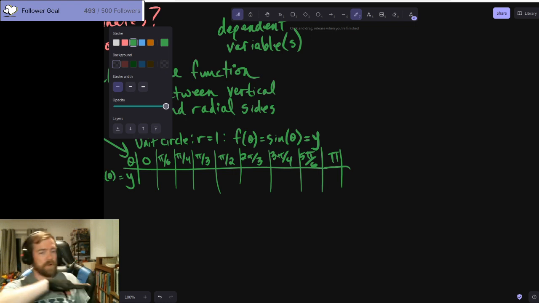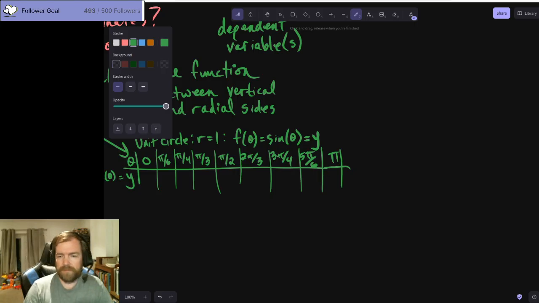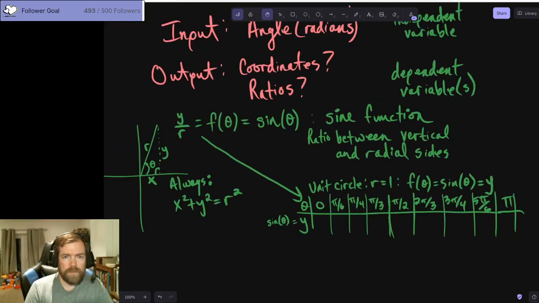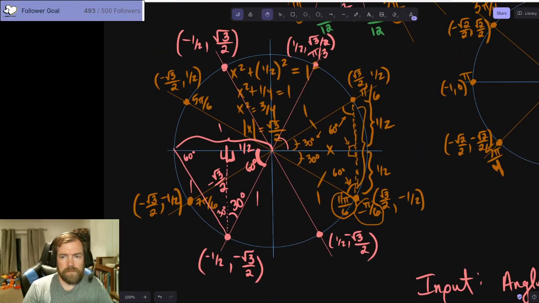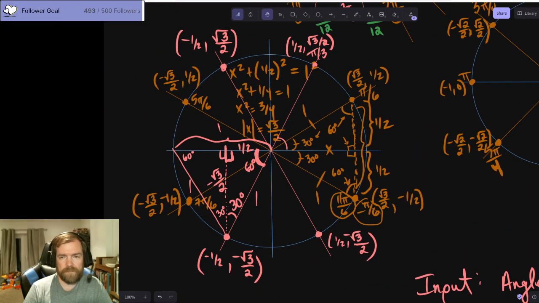So at 0, what is our vertical value? At theta being 0, what's our vertical value?